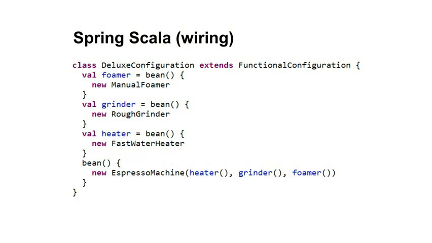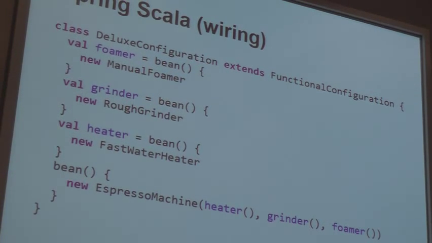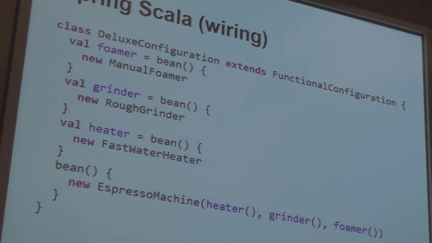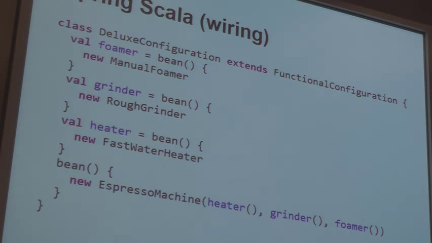The configuration object extends this functional configuration class, which comes from the Spring Scala project. And as we see here, the whole thing is in the body of the primary constructor of the class. So when a new instance of this class is created, this code is called, and it uses this special method that comes from this class.